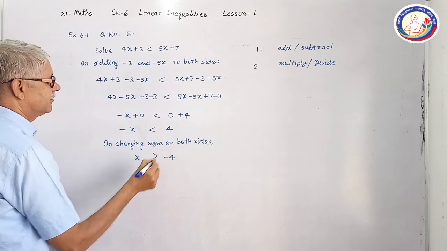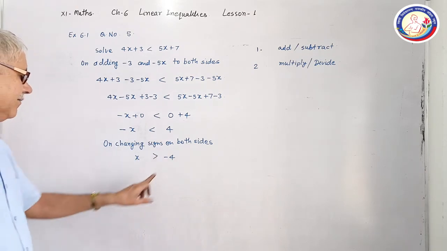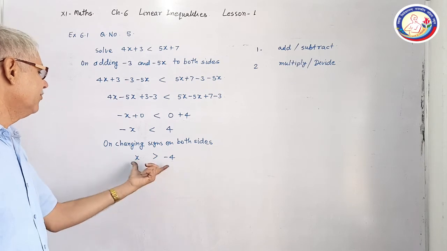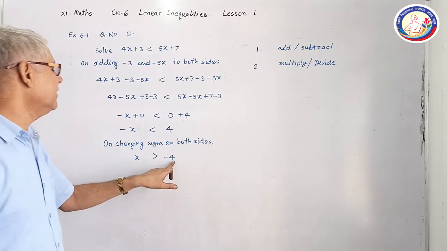The symbol will be reversed. x is greater than minus 4. So the solution is x will be greater than minus 4.